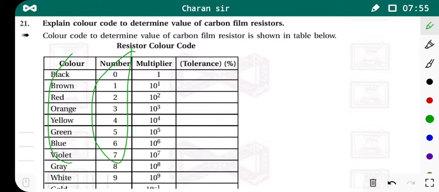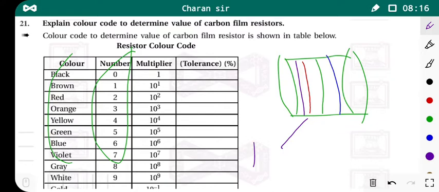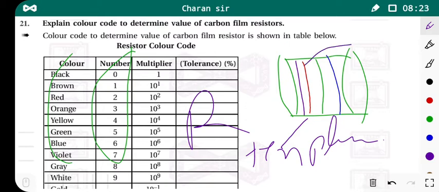Remember that suppose we have a resistor, and on it you have different colored bands. There are 4 bands on the resistor. The first band gives the tens place of the resistance value. The second band gives the unit place.